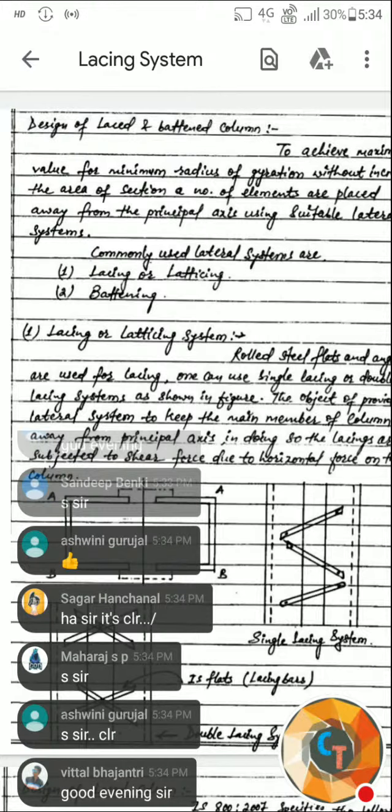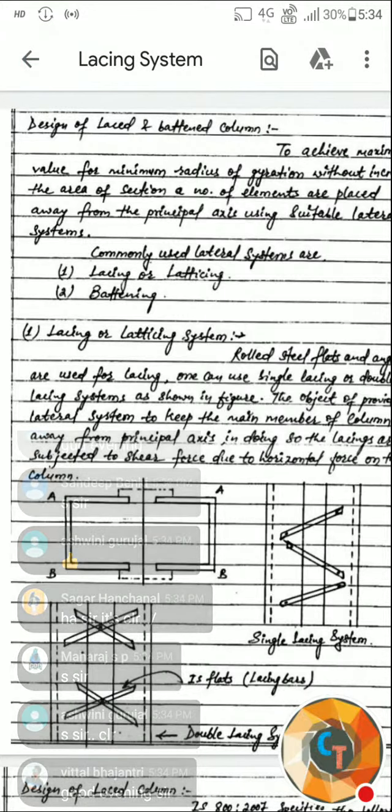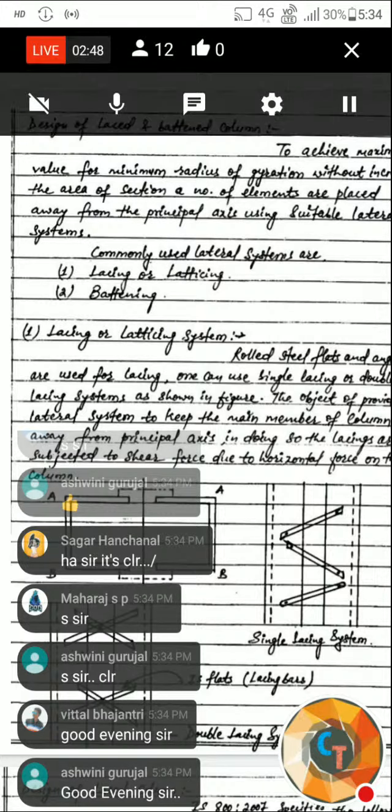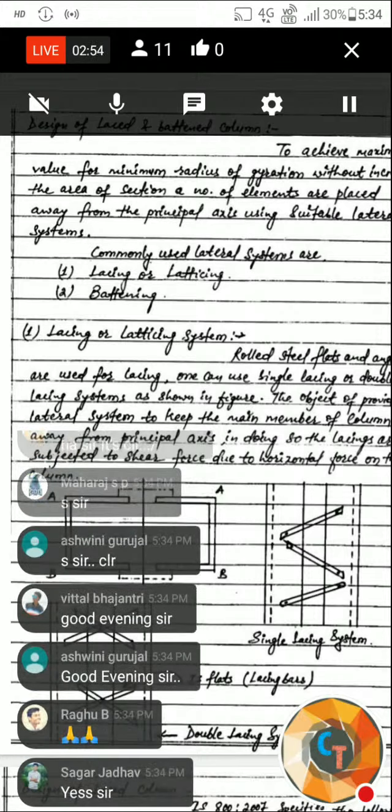Good evening, Vittal. 10 members have joined. Good evening. 12 members. Raghu, fine.